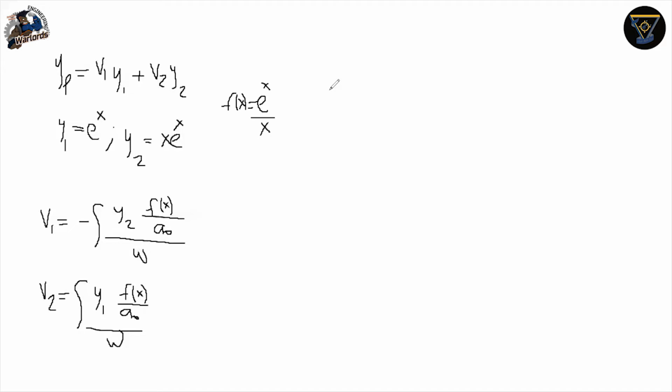So to find the Wronskian value, it is equals to y1, y2, and you have y1 prime, and you have y2 prime. The prime means that you're going to differentiate it, right? So the Wronskian value is equals to y1 is e to the x, so we have e to the x, and y2 is x e to the x.